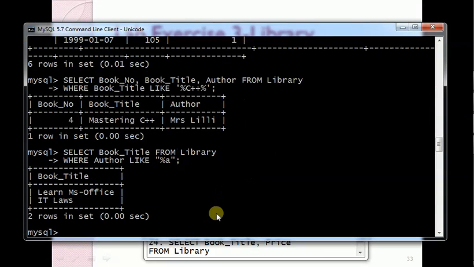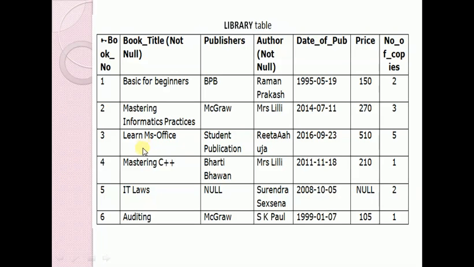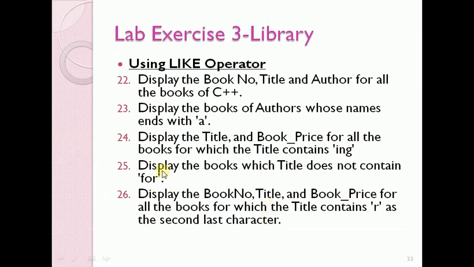See, 2 books: Learn MS Office and IT Laws. Let's see who the authors of these 2 books are. Learn MS Office, Rita Ahuja, and IT Laws, Surendra Saxena. So those are the 2 books we want.